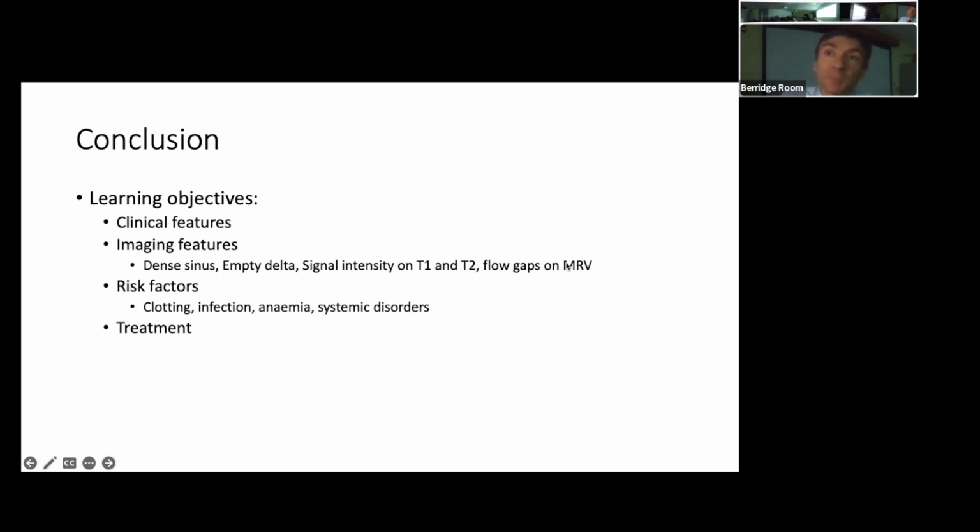And we've shown some of the findings on MRV, which again, it may not be that easy to interpret because you're really looking for structures that aren't present on the MRV rather than abnormal structures. So you have to know what a normal MRV looks like to see what's missing. And then we finished just by discussing a bit about the risk factors and talking about the treatment.